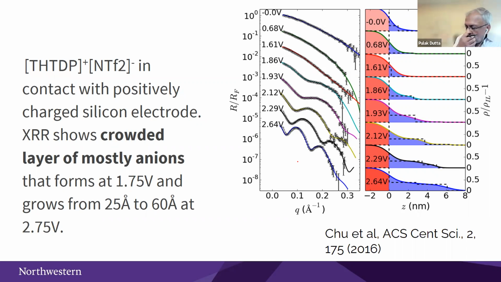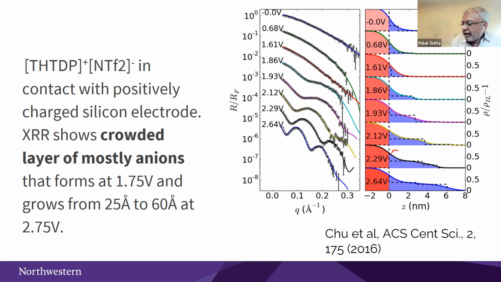And if you fit it, X-ray reflectivity fitting is of course a bit of a black art. We hate to introduce any more parameters than we have to, any more complicated a model than is absolutely necessary. Structures like this can be fitted using one slab, and occasionally you need a second slab. But basically what we see is a layer forming at the interface, this blue stuff here, that is getting bigger and bigger and bigger as you get to larger voltages.